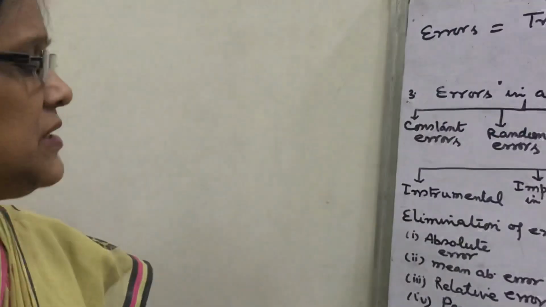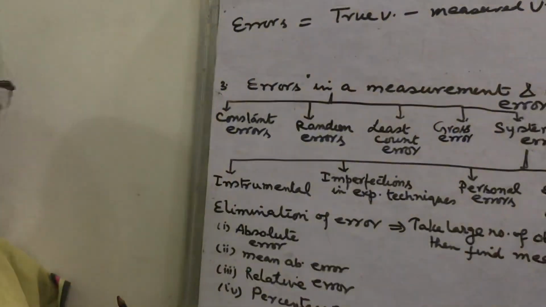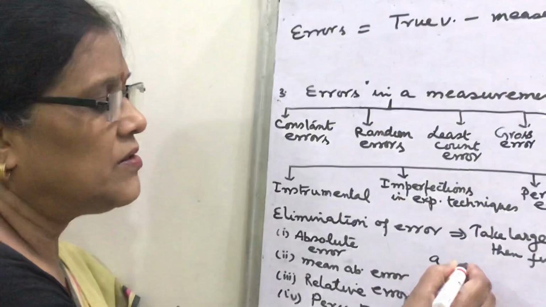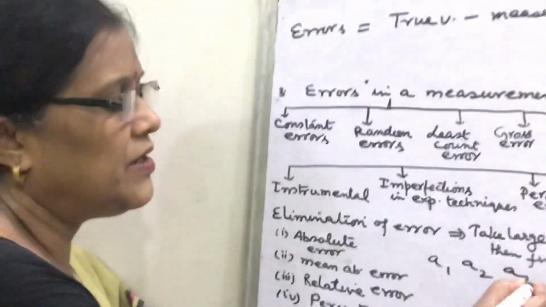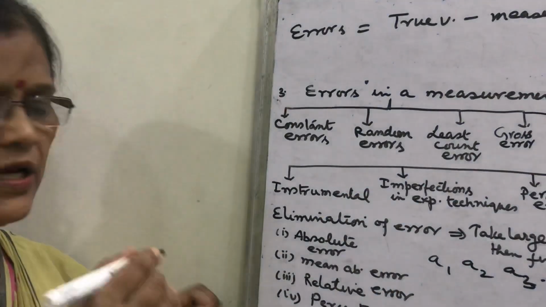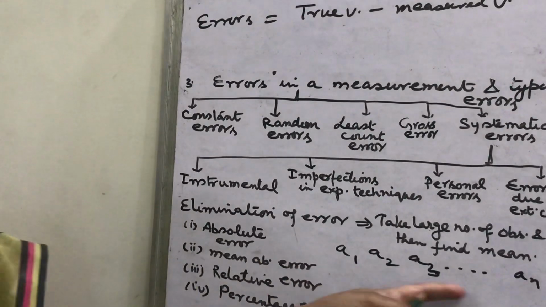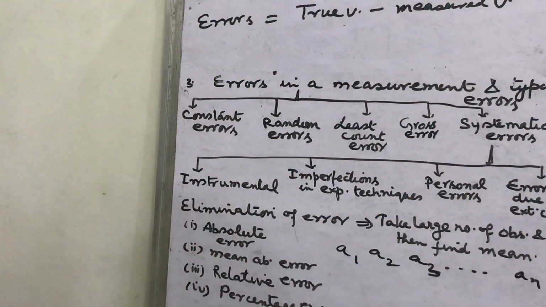Look, for example, absolute error. Suppose there are certain measurements A1, A2, A3 up to AN. For a single length measurement, suppose the length of this pencil, you have taken the measurement n times. What is absolute error?